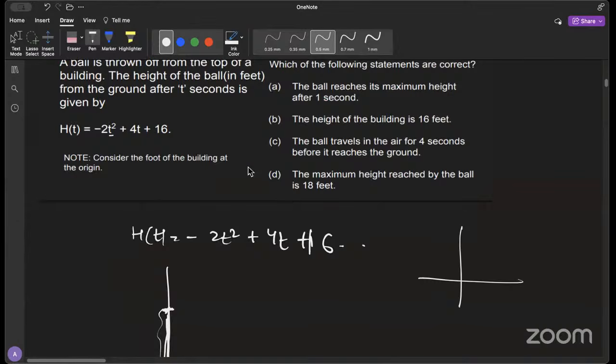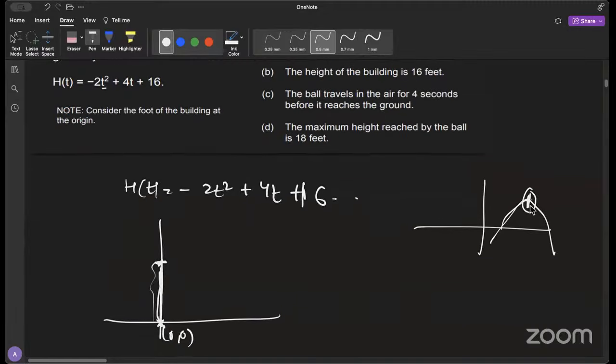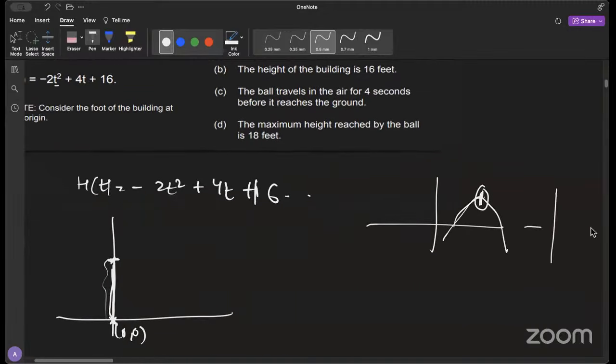Yes, the vertex gives you the highest point you can reach if your parabola opens downward. If your parabola is like this, it gives you the lowest point you can reach.